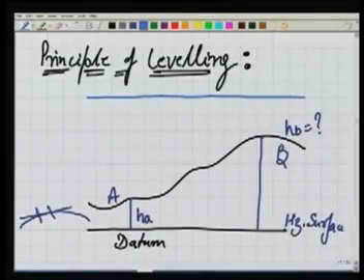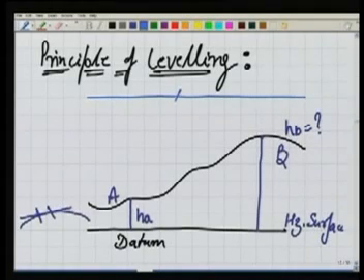Now there are 2 points, and I want to determine the difference in elevations of these 2 points. How to do that? Now in order to do that, if somehow I can establish a line which is parallel to my datum, somehow I am saying, we will try to see how we can establish that.